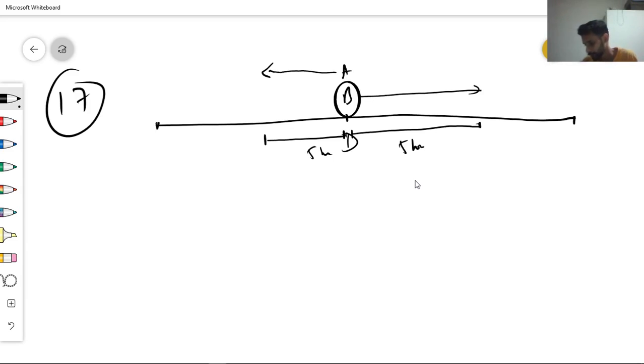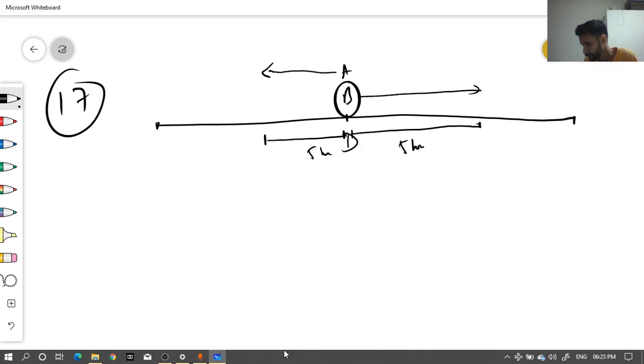Now according to the question, the distance as a whole from here to here is 425 kilometers.